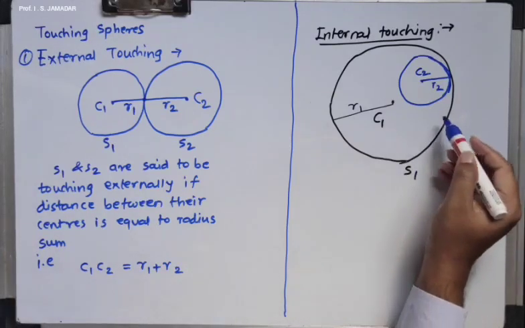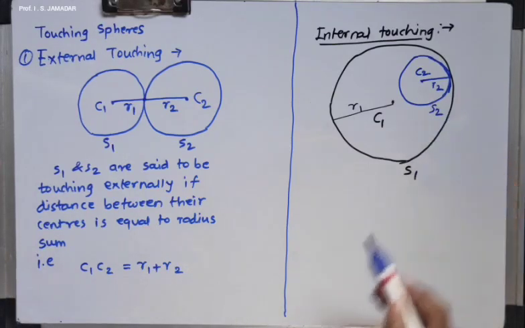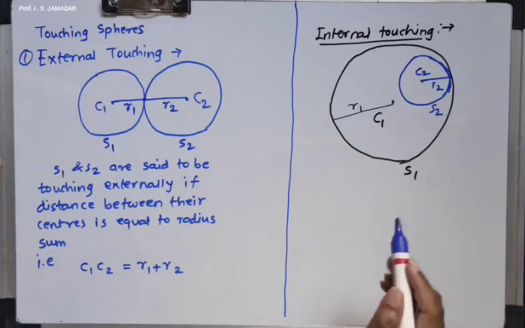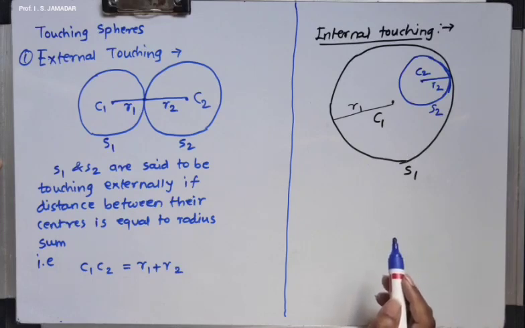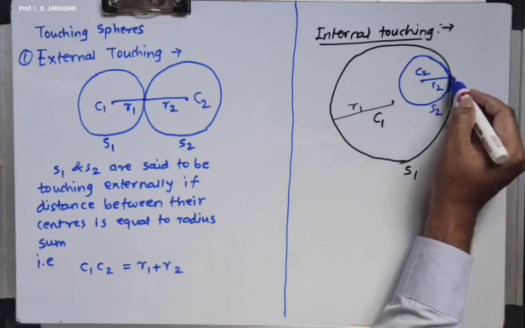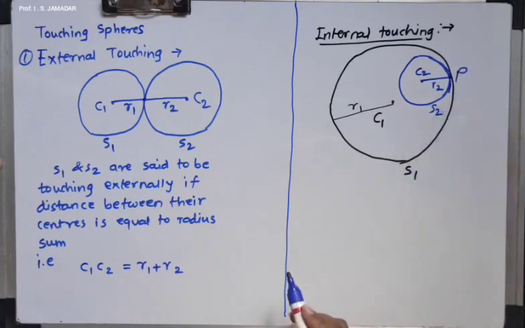You can see diagrammatically that spheres S1 and S2 are touching internally, meaning S2 is inside the sphere S1 and it is touching here at point P.